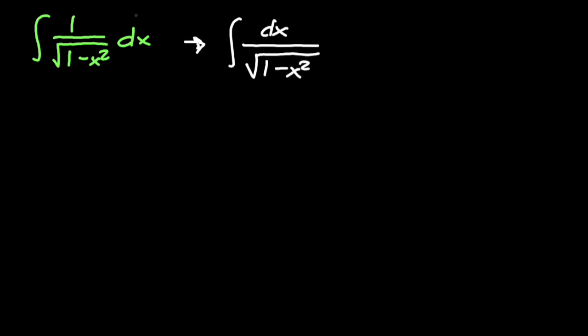Now, which formula corresponds to this one? It is according to the first formula, wherein the integral of du over the square root of a squared minus u squared. Keep in mind, a squared here means it is a constant or a number, and u here corresponds to the x function or any function that is not a constant.